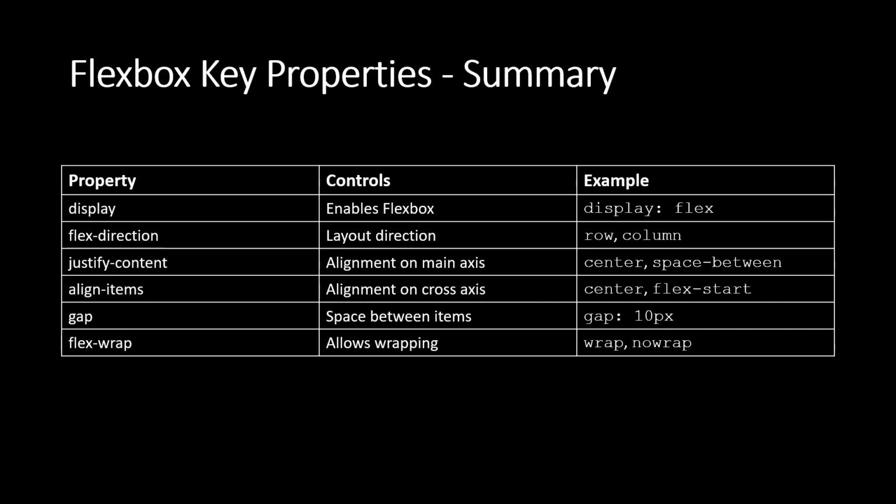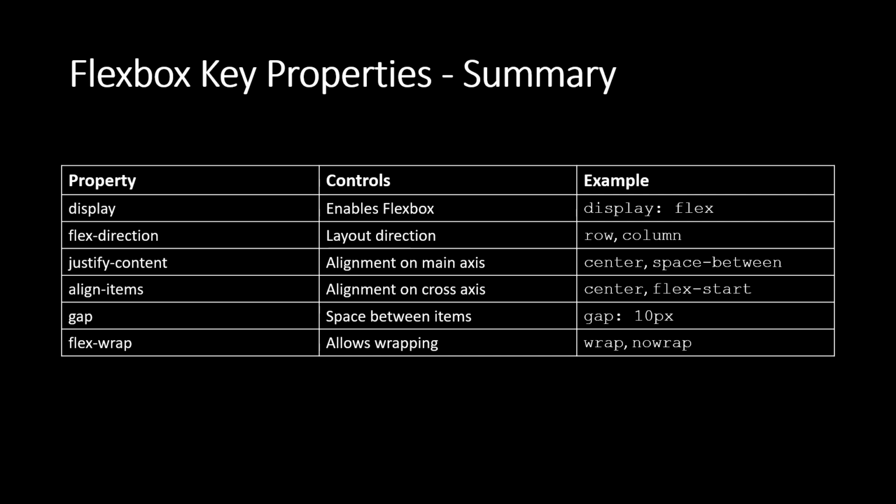The display property turns a container into a flex container, by setting display as flex. And flex direction is basically used to arrange your items as either row or column, or row reverse, column reverse.